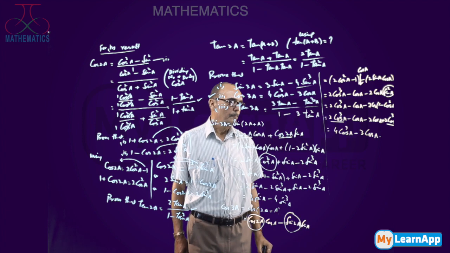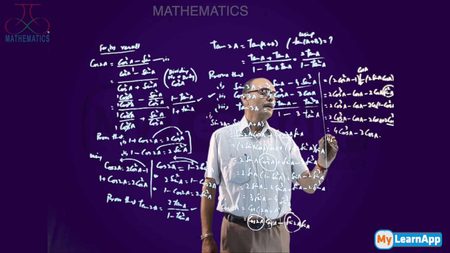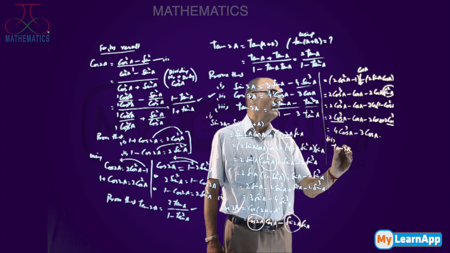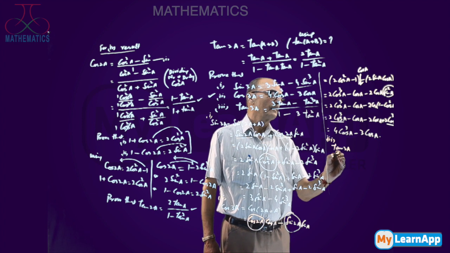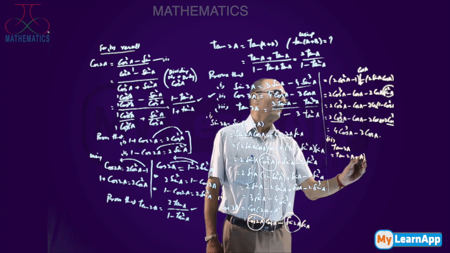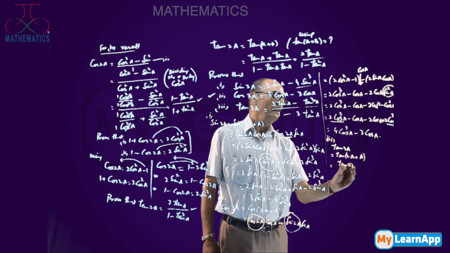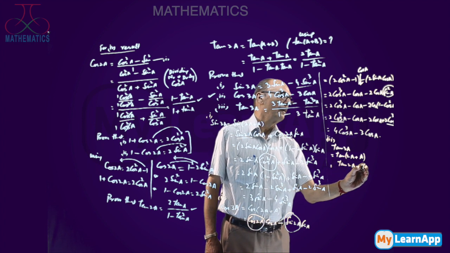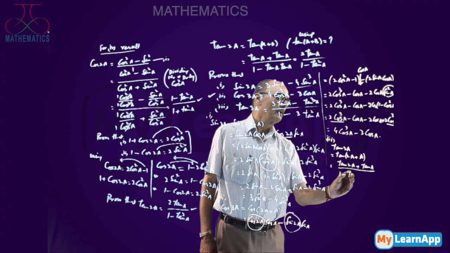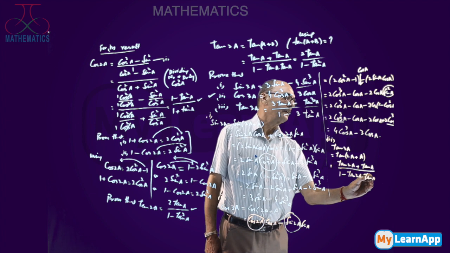Next, we proceed with the third result, tan 3A. Tan 3A can be written as tan of 2A plus A, or this is equal to tan of the first angle plus tan of the second angle upon 1 minus tan of the first angle into tan of the second angle.